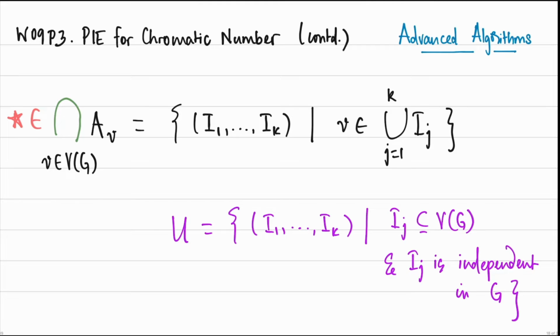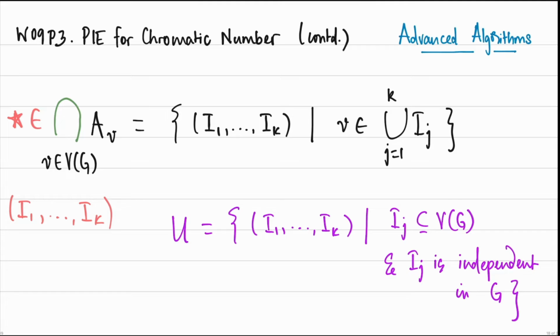This is an element of our universe U, so in particular it looks like some ordered tuple of k independent sets. But because it made it to all the A_V's, we know that by definition, the union of these independent sets must contain all the vertices of V. That's the only way that this element of the universe can get a ticket into the intersection. That happens only if it actually belongs to all the A_V's individually.